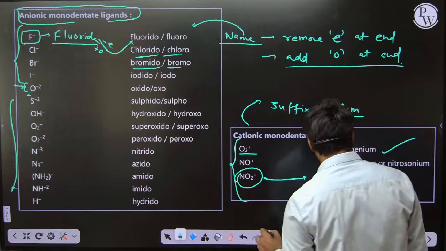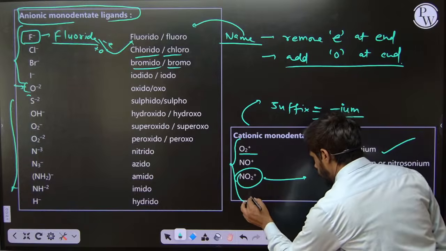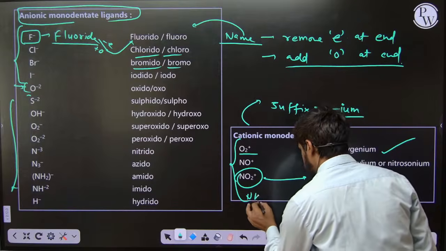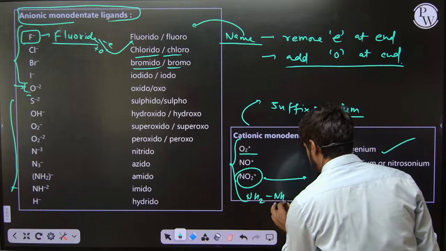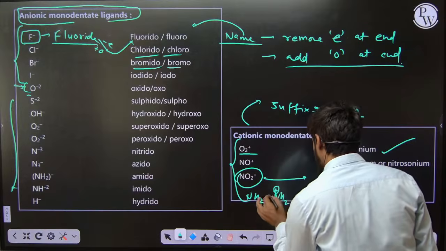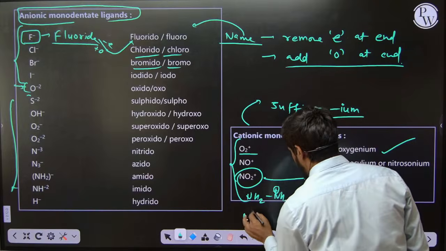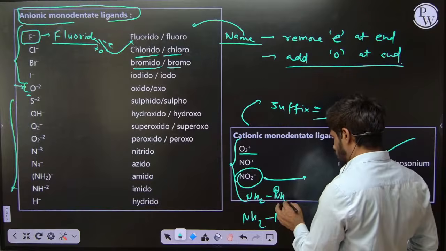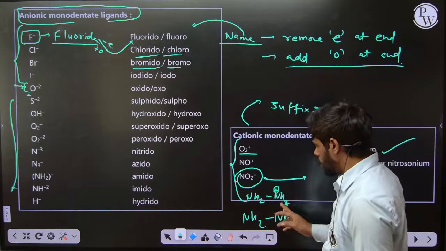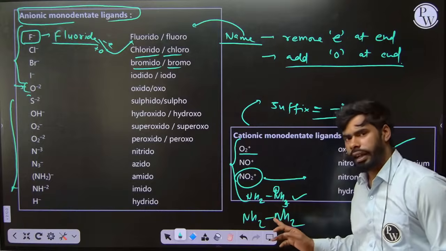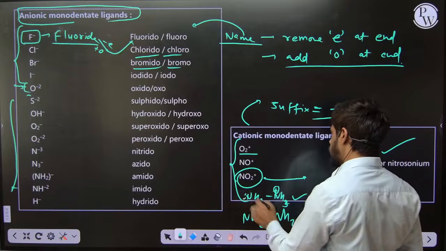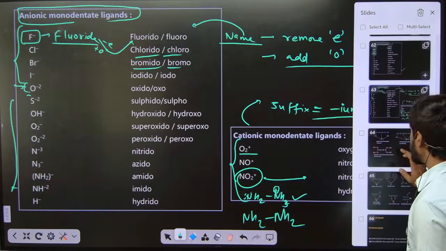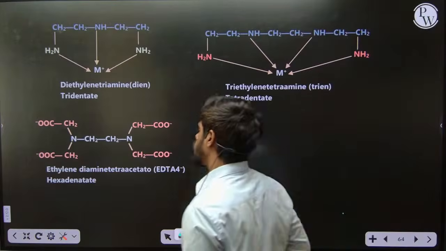What is hydrogenium? Then NH2 plus is known as hydrazonium. This is hydrazine. If we add one more, this is NH3 plus. So this we can say is a cationic ligand, which can donate its electron pair. This is the naming of a cationic ligand. These all are monodentate.